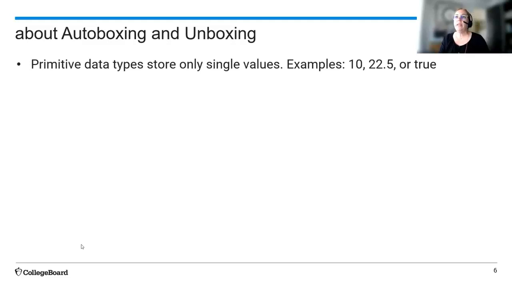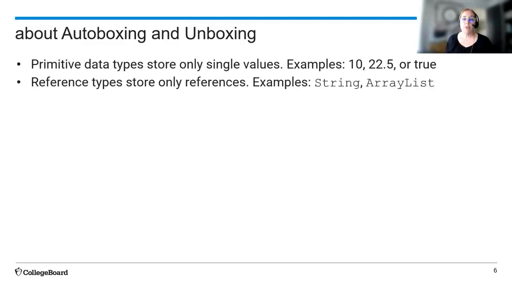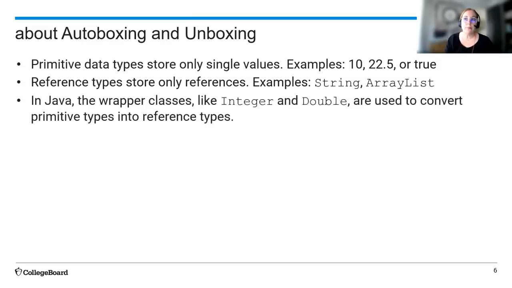Let's review main concepts related to this topic. First of all, remember from Unit 1 that primitive data types store only a single value. Examples would be the int, the double with a little d, and a boolean. Reference types store references. Examples would be String that you've used in Unit 2, and ArrayList that I mentioned you'll be doing lots of work with in Unit 7.